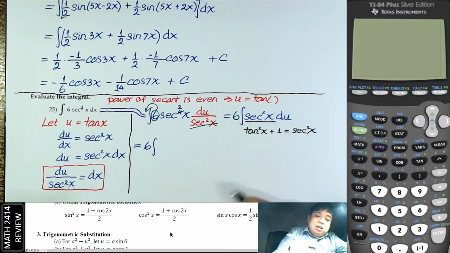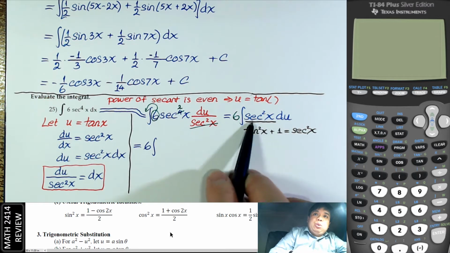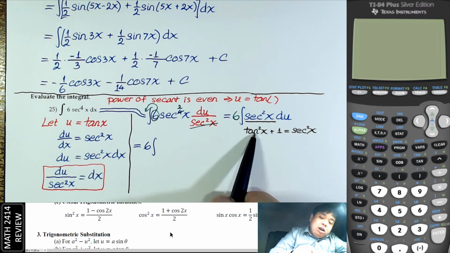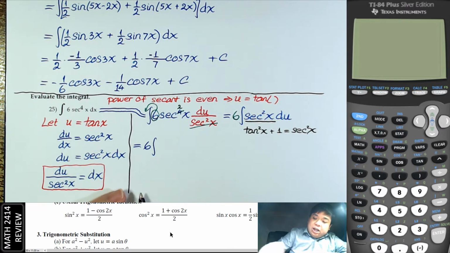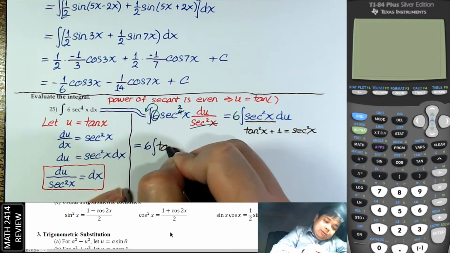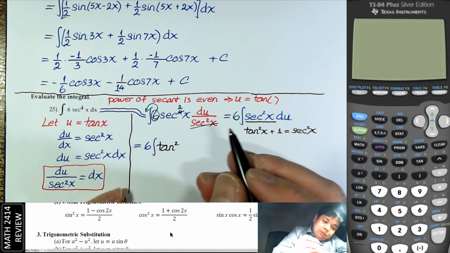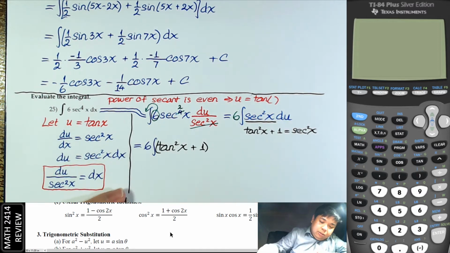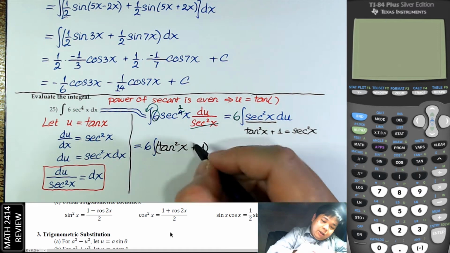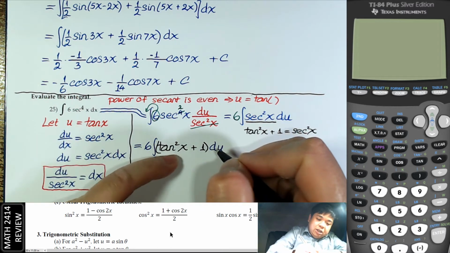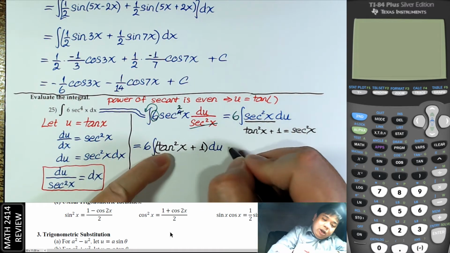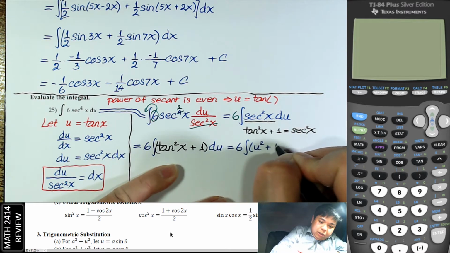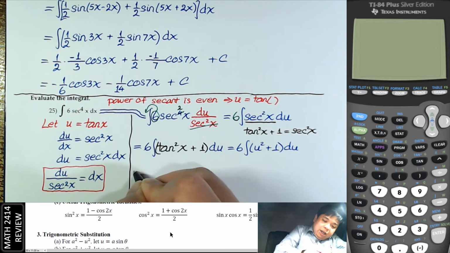Yes, but remember this is x and this is u. We cannot integrate where the variables are not the same yet. So we have to rewrite this. Secant square is tangent square plus 1. And then u is tangent of x, so that is u square plus 1 du, and the rest is easy.